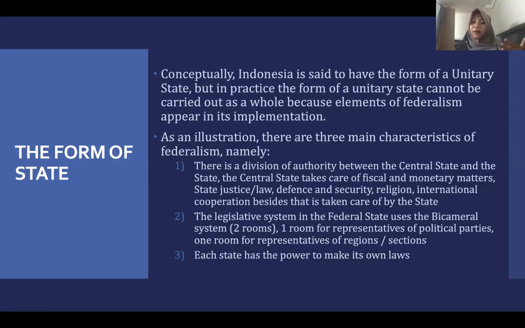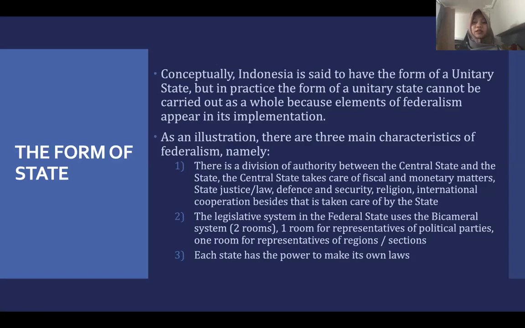Several matters that still stay in the central government are fiscal and monetary matters, state justice and law, defense and security, religion, and international cooperation. Besides that, it is cared for by the local government or region, which we call decentralization. We will discuss the central government and decentralization later.